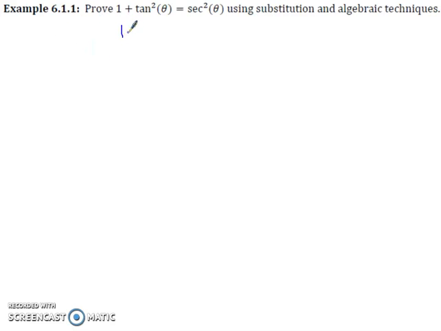So tangent squared I am going to write as sine squared theta over cosine squared of theta. And because, again, I've got one term on the right, I'm going to add these two by creating a common denominator. So the 1 I'll write as cosine squared over cosine squared.